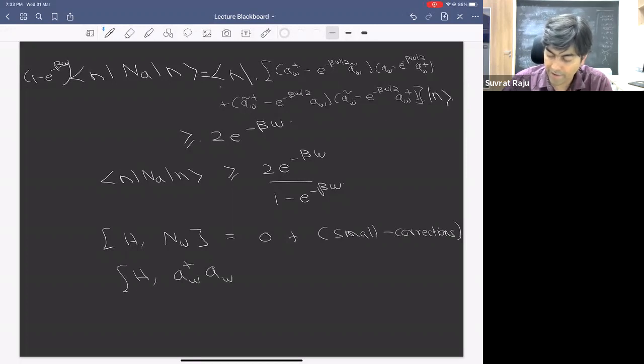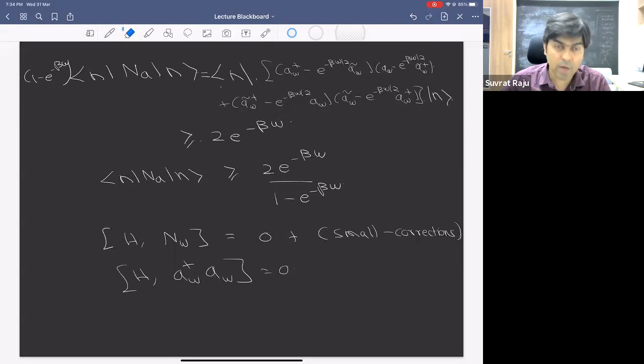And you see h has the opposite commutators with a omega and a omega dagger. And therefore, h times n omega is 0. These operators are smeared a little bit, and maybe there are small corrections and so on. But up to these small corrections, the number operator commutes with the Hamiltonian of the full theory.